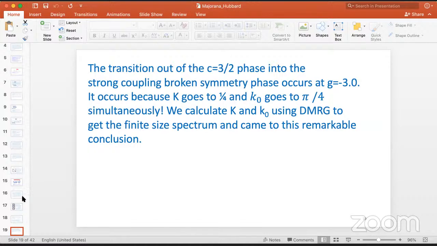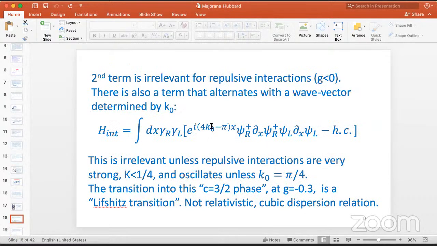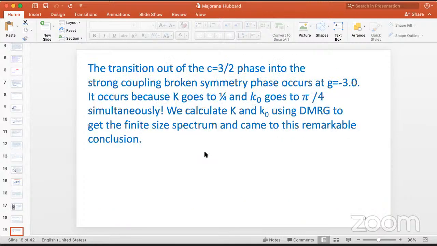So we simultaneously find that this interaction suddenly becomes relevant because it stops oscillating and becomes marginal at the same value of G. This is actually a bit reminiscent of what happens in some other types of field theories that have been studied previously. So we can calculate both the Luttinger liquid parameter and k0 using DMRG. We get the finite size spectrum conclusion.